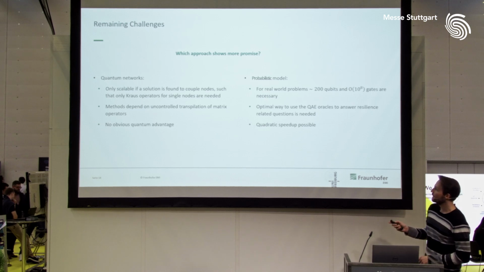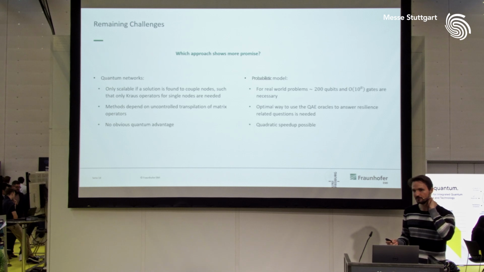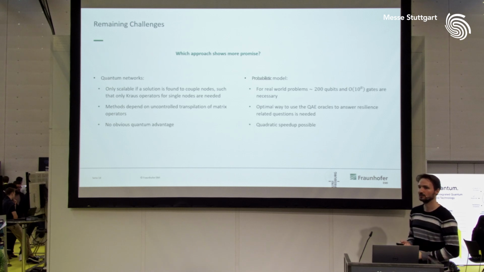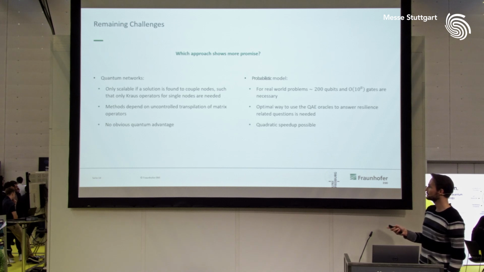We would have this kind of promise with the second approach if we use this Grover algorithm, for example, in the end, then one might get this quadratic speedup.